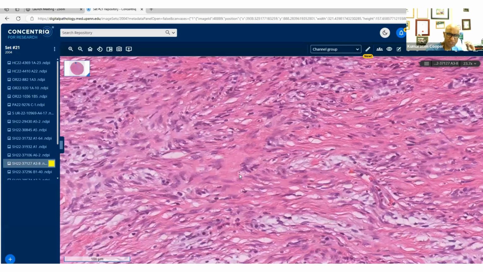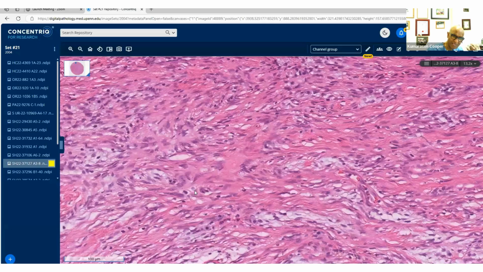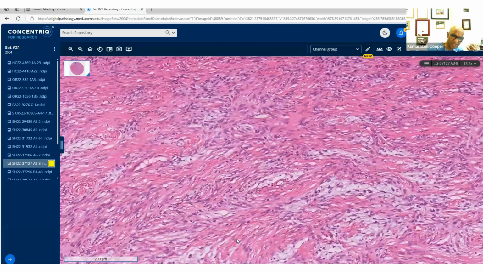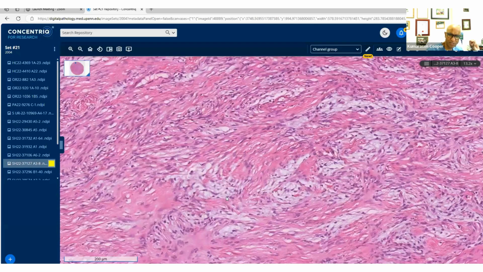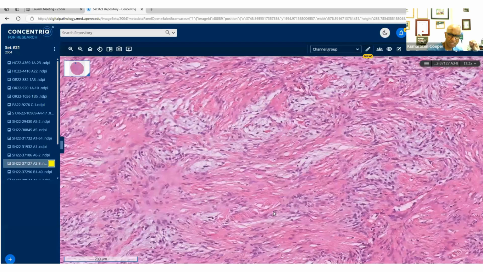Fibrosing or sclerosis, fibroblastic, they all mean the same thing. It's just different descriptive terms. So you can see these alternating fibrosing or sclerosing areas with these loose myxoid areas as well.